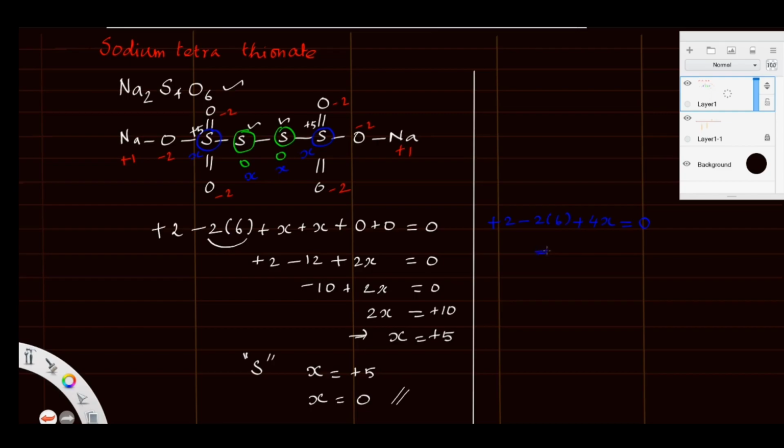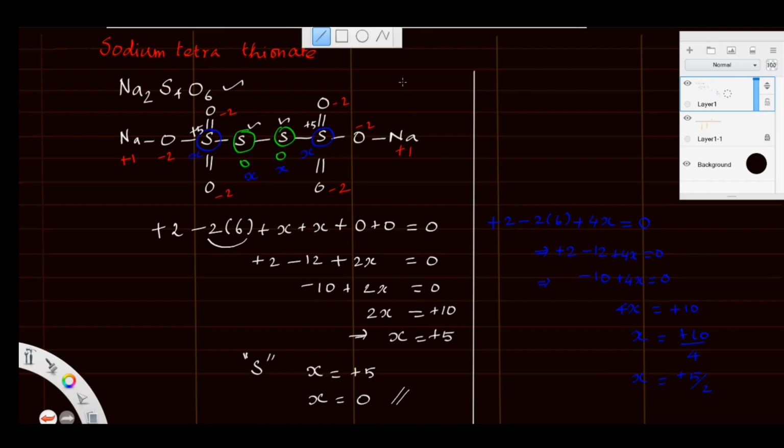This implies +2 minus 12 plus 4x is equal to 0. On simplifying this, -10 plus 4x equal to 0. 4x equal to +10. x equal to plus 10 by 4, which is equal to plus 5 by 2.